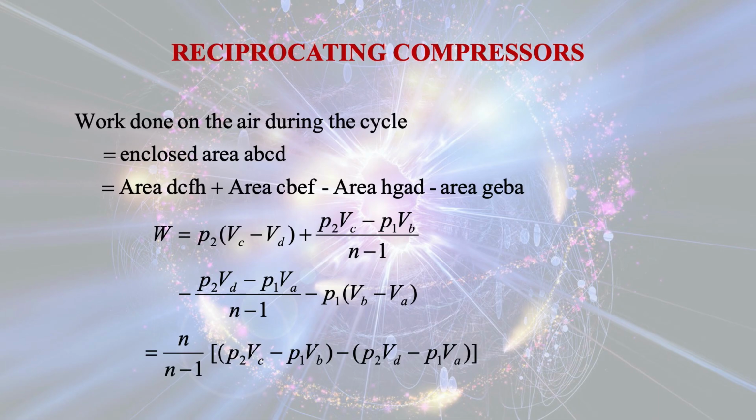So finally we will get the work done is equal to n divided by n minus 1 whole multiplied by (P2 Vc minus P1 Vb) minus (P2 Vd minus P1 Va).